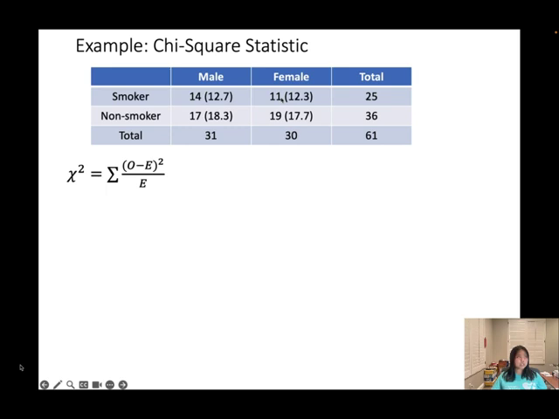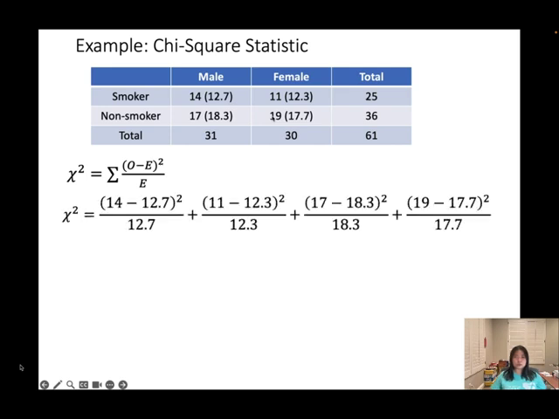Plus the second one: observed frequency 11 minus 12.3, whole thing squared, divided by 12.3. So we have 1, 2, 3, 4 terms. You can plug into your calculator to find it out. You're gonna see 0.458 here. This is the chi-square statistic.